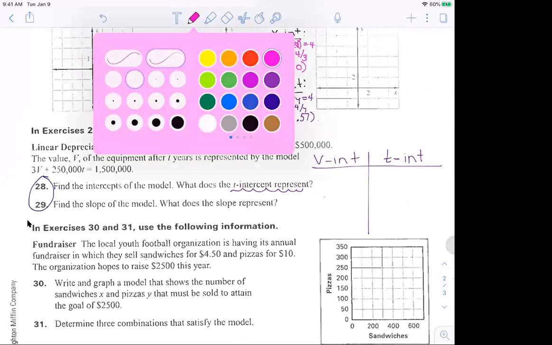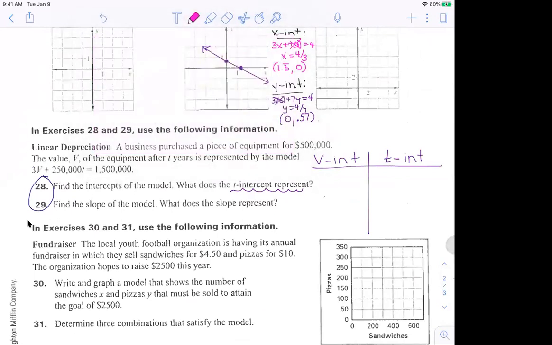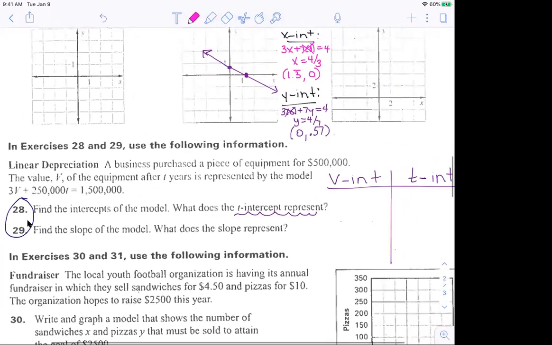And Ava helped us out with the last one, and if we follow what she did, to find an x-intercept, we let the y equal 0. Well, if I have a v and a t, and if I want to find the v-intercept, I might as well let the other variable equal 0. And you need a calculator.